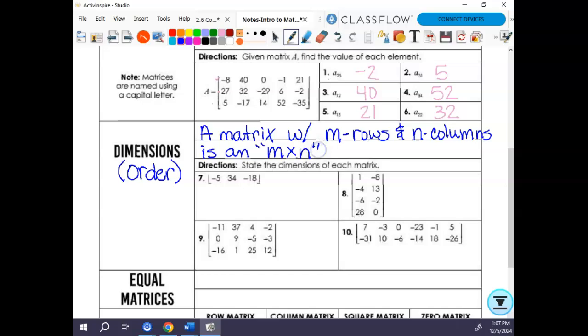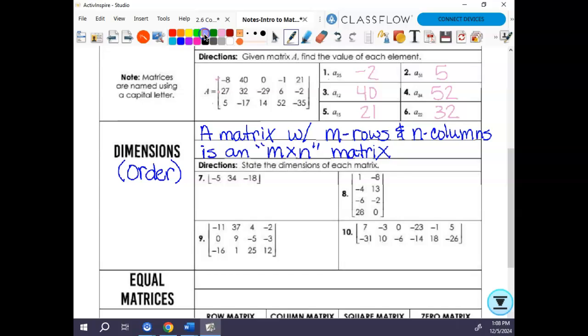It's not really m times n, it's m by n, like a rectangle that's 8 by 12. We're not multiplying. And it always goes rows by columns.